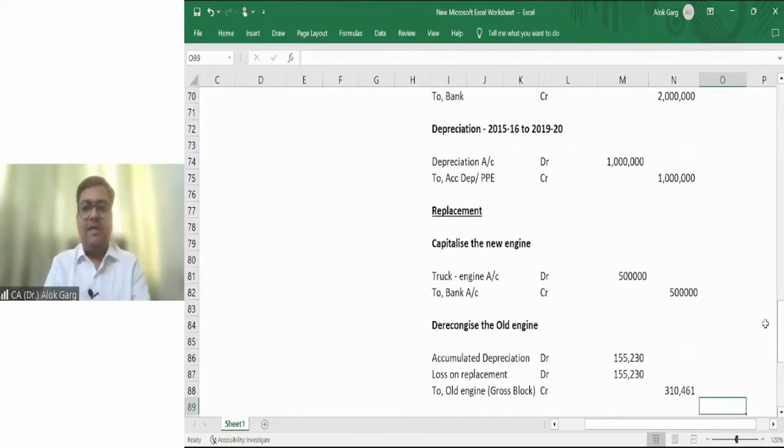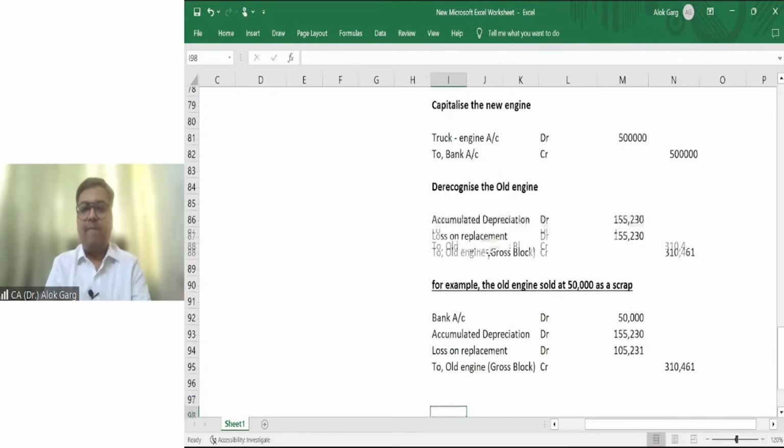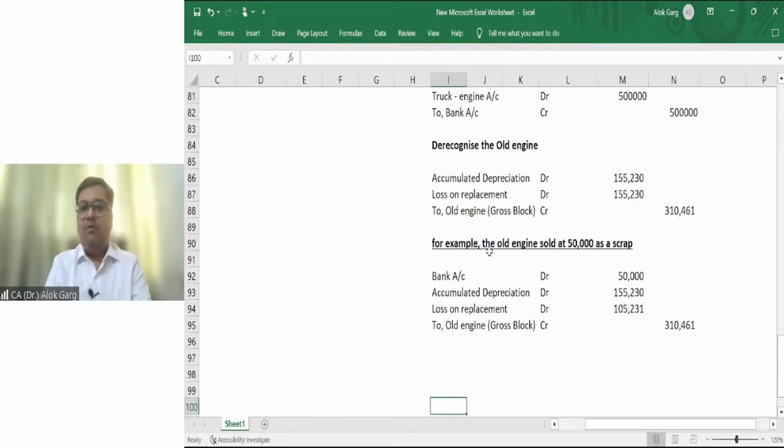At the time of purchase, depreciation, replacement, recognition. I hope it is clear to all of you.